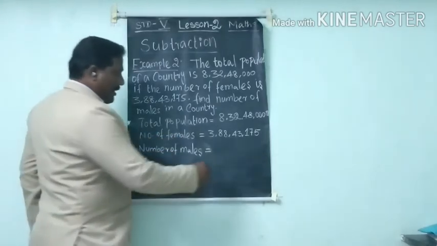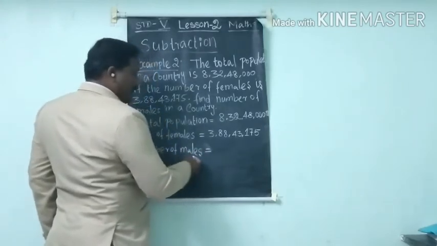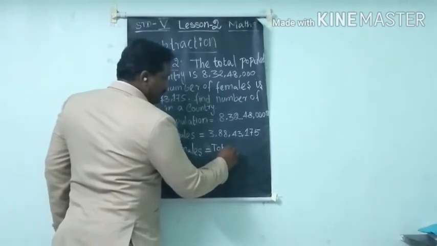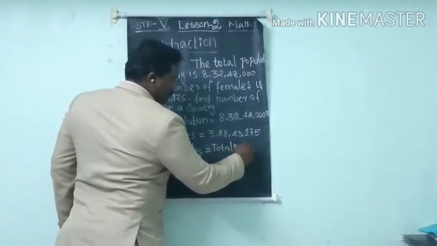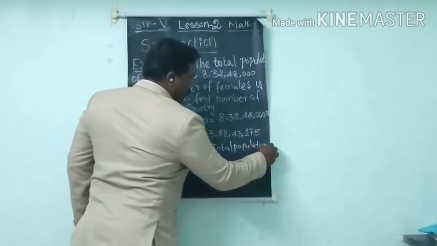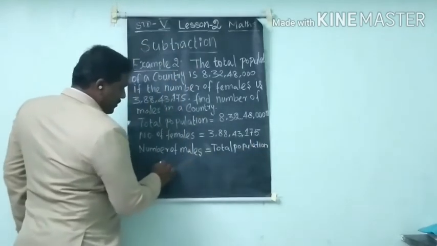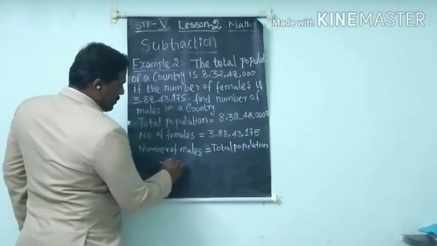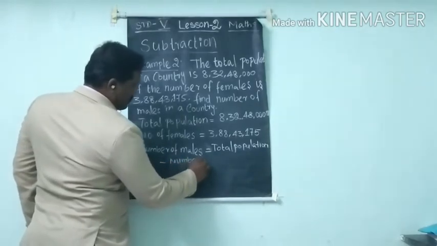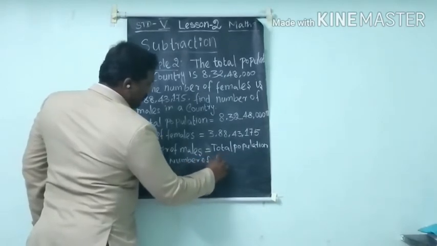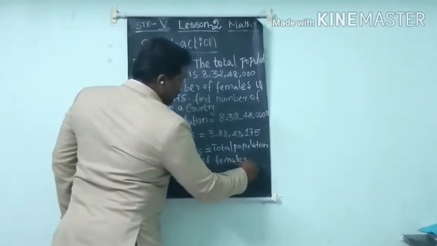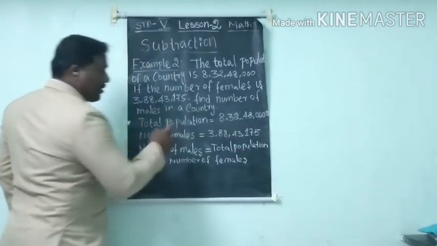So this is the formula: number of males is equal to total population minus number of females. So we get the male count.